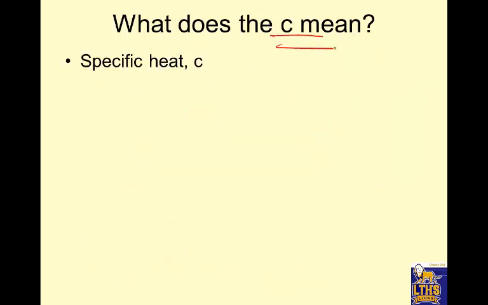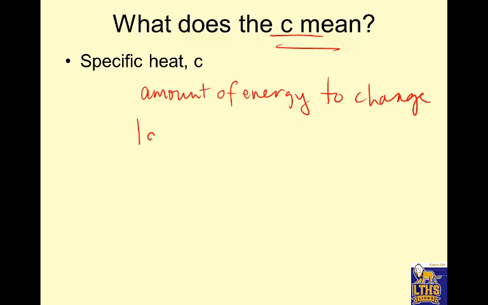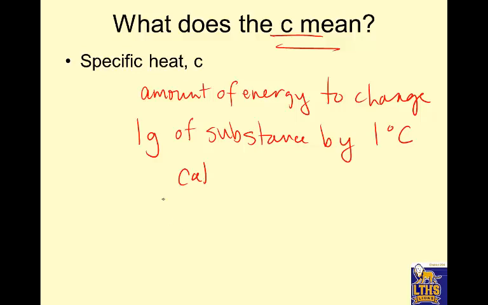So what does the specific heat mean? The amount of energy to change 1 gram of a substance by 1 degree Celsius. So heat is calories, 1 gram of a substance, 1 degree Celsius.